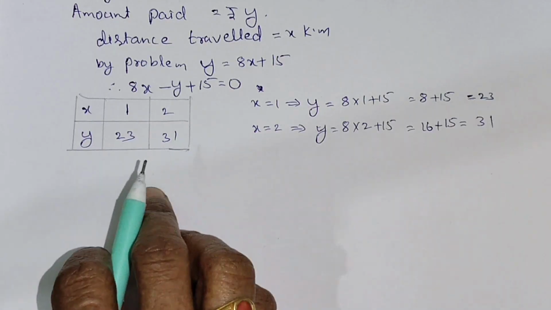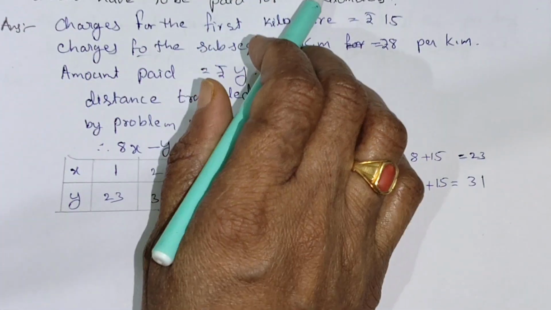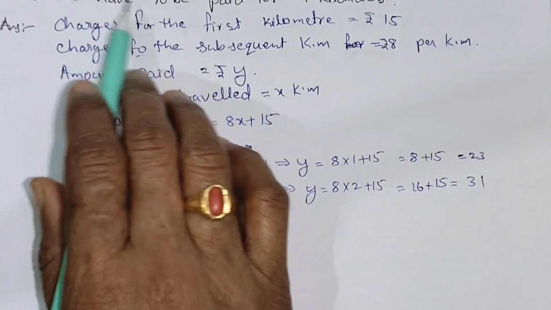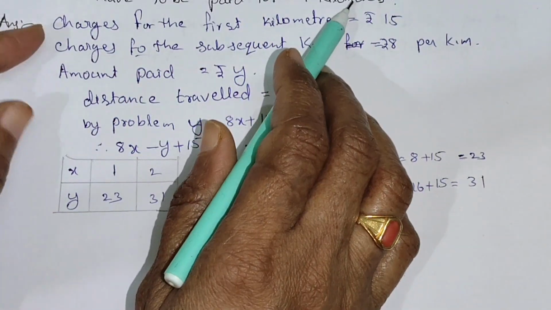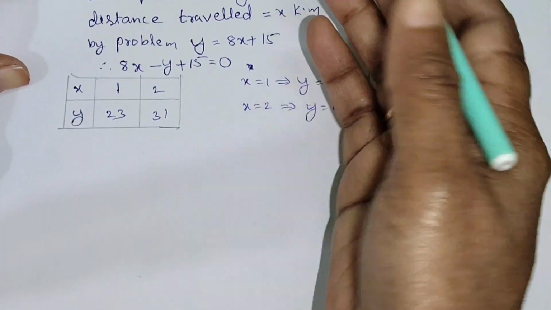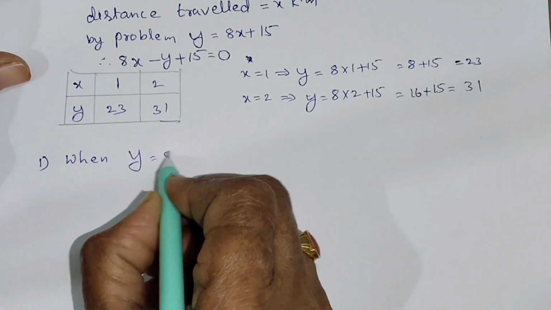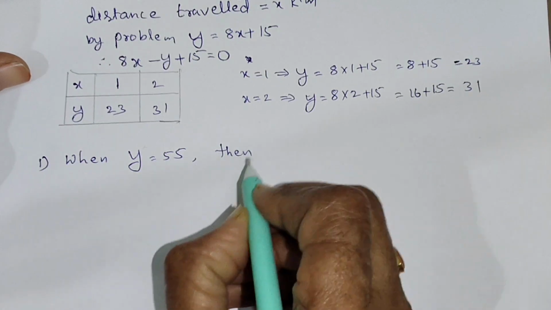So next, finally, find the distance travelled if the fare paid is 55 rupees, and how much would have to be paid for 7 kilometers. He paid 55 rupees means how many kilometers? So first, when y equal to 55, we find the x value.